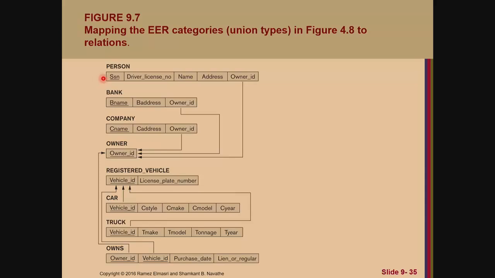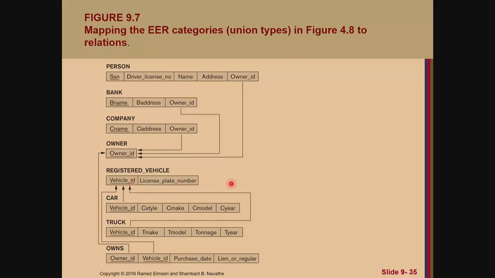We have the person entity, bank, and company. All of them have different keys, right? So we have to generate a new one. We call it the surrogate key, owner ID, and use this ID to participate in the owns relation. Owner owns vehicle.